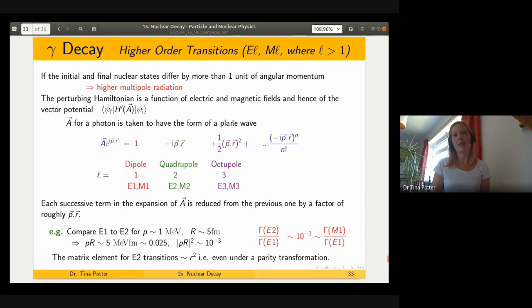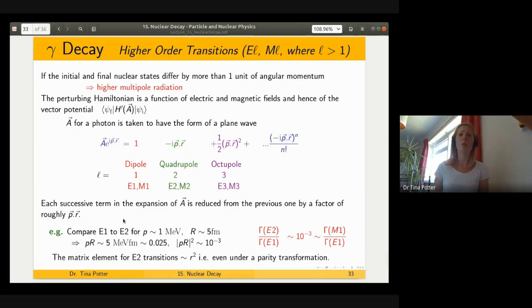We can expand it in increasing terms of P dot R, the momentum dot with the radius. So we've got P dot R there, P dot R squared, etc. The first term is what we're going to take as our dipole expansions, whether they be electric or magnetic dipoles. The second one is where L equals 2, so L equals 1 here, and L equals 2 for the increasing order of our transition.